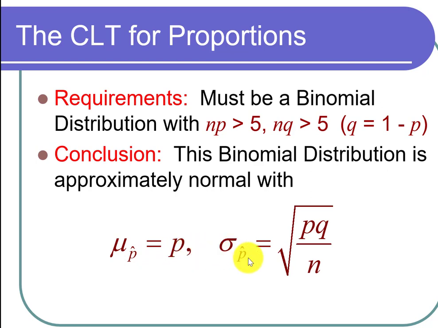And sigma sub p hat, the standard deviation of all possible sample proportions, is equal to the square root of p times q divided by n. So that's a major theorem when you're dealing with proportions and we have a large enough sample size. That means the expected yeses and nos are both greater than 5, then we can use this. So here's an example.